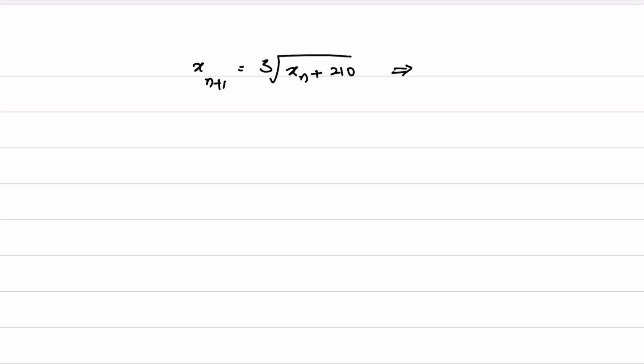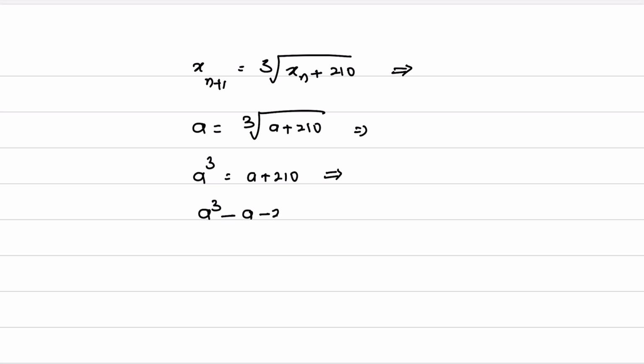It implies a is equal to the cube root of a plus 210. That means, by cubing both sides, a cube is equal to a plus 210. That means a cube minus a minus 210 is equal to 0.